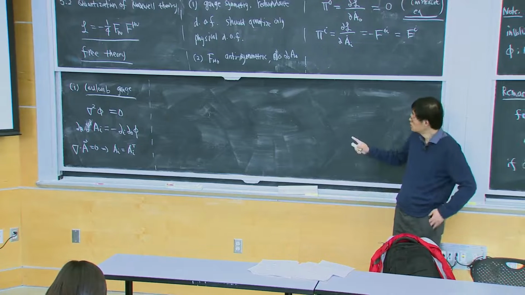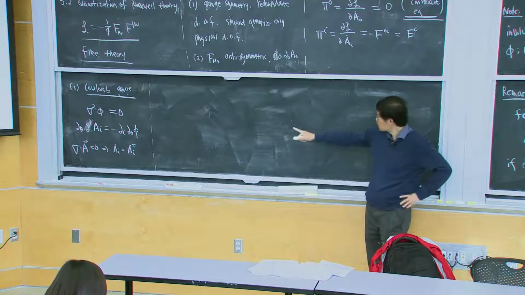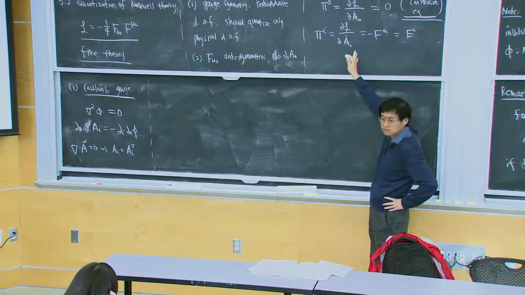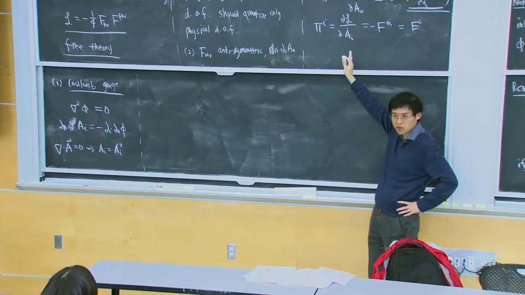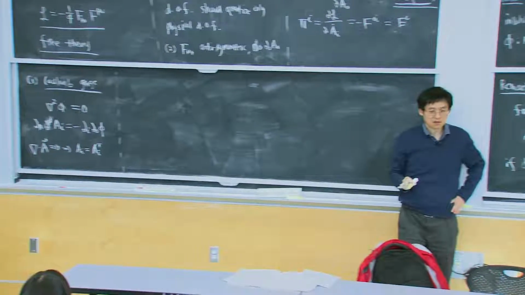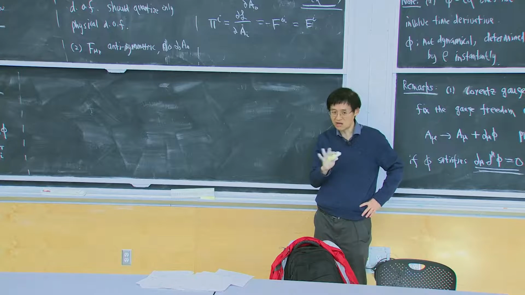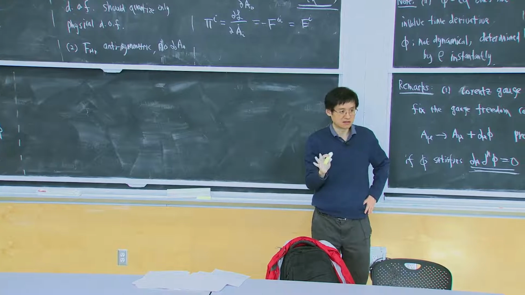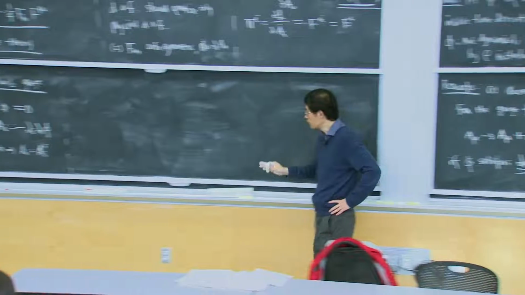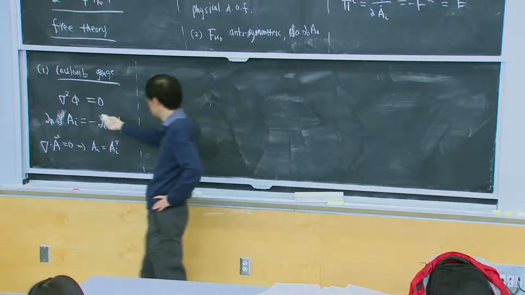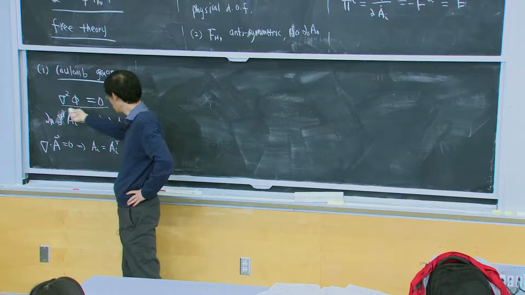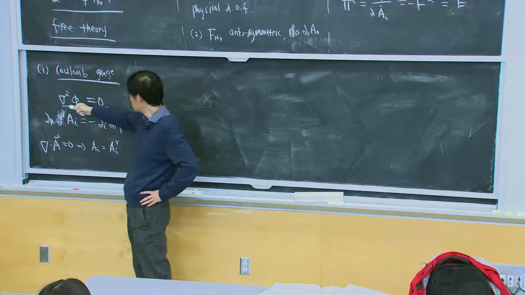In this case, we don't have this problem with constrained quantization because φ is not a dynamic variable. So we don't have to worry about quantizing it. In fact, if you look at this equation, it is a so-called elliptic equation, and you can impose the boundary condition.